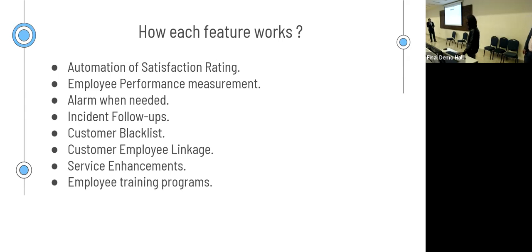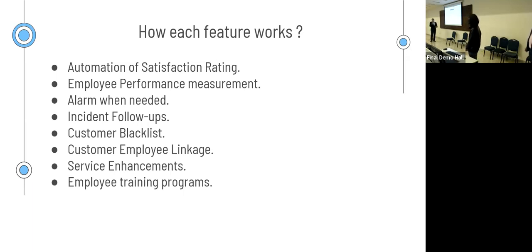Also, we made it easier for service providers to follow up on incidents, because they know exactly what happened and why it happened, and they know exactly who to call and who not to call. We also introduced the concept of the customer blacklist, which may prevent multiple issues that can happen in the work area.